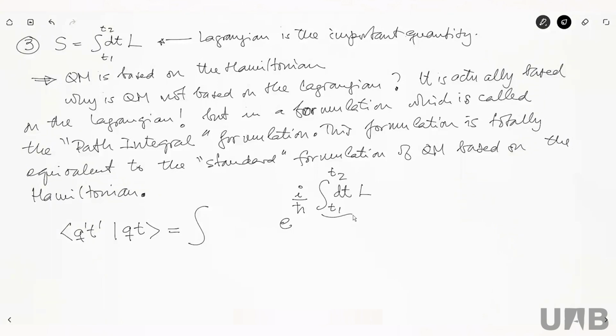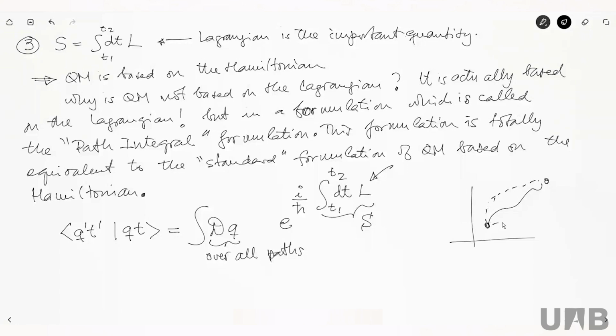So this object here is the action. So there you see how the Lagrangian is really playing the main role. And the integral here is an integral over all paths. So we have a situation in which we go from a certain point to a certain point, and we have to sum over all paths connecting these two points.